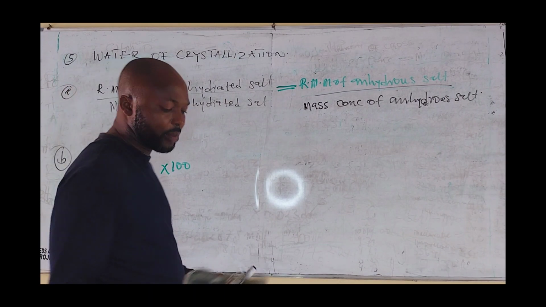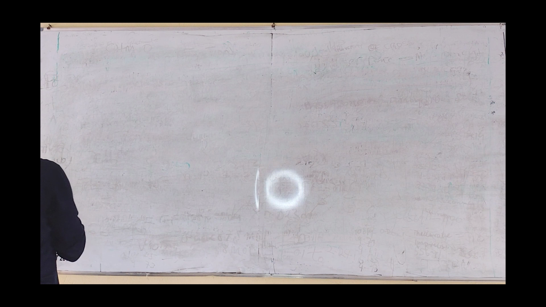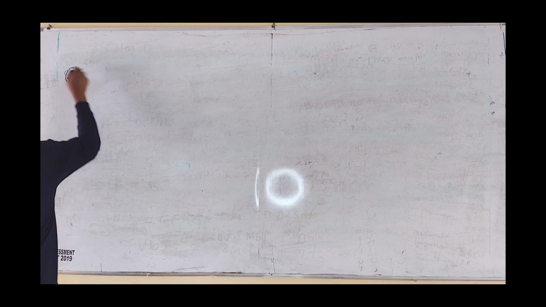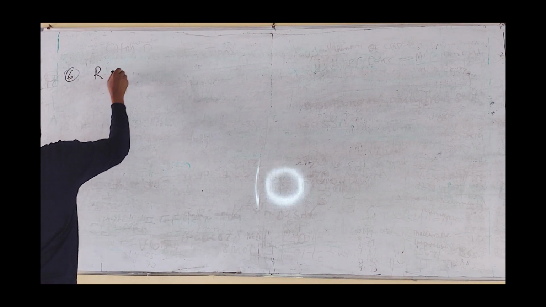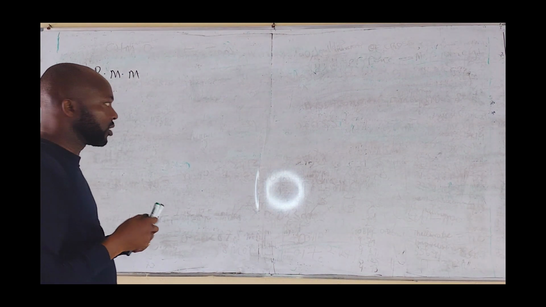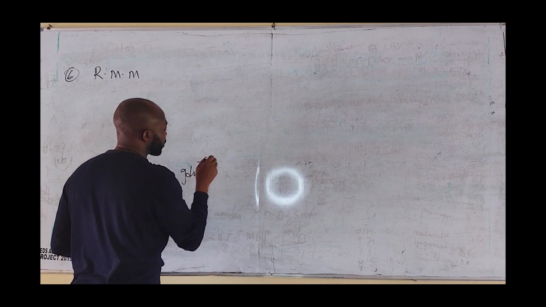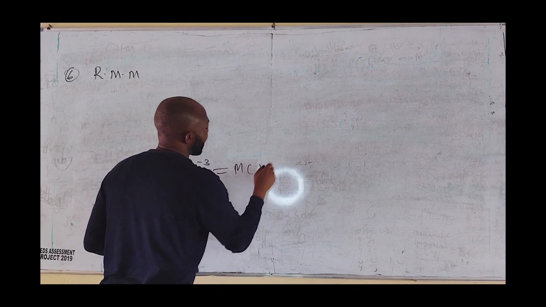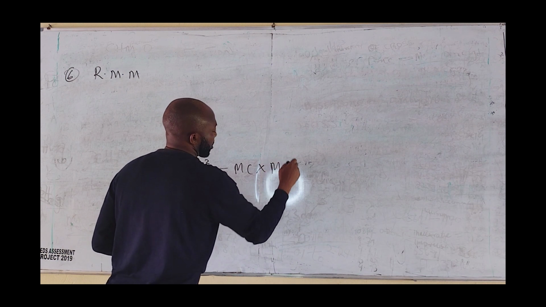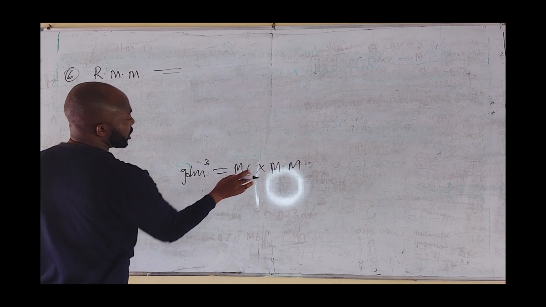Do we have more? Yes, we still have another formula. Relative molecular mass. Remember, I told you earlier on that we have g/dm3, which is the mass concentration, is equal to molar con times molar mass, or relative molecular mass. So molar mass now would be equal to what? You divide both sides by this.